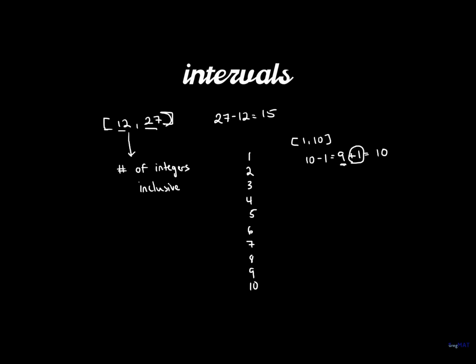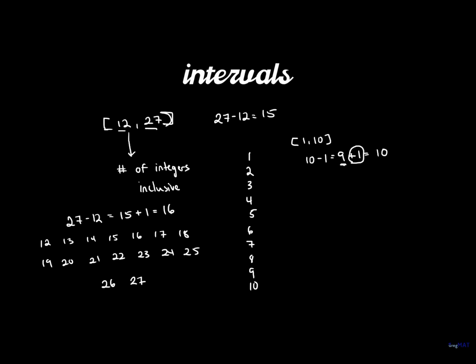All right. So here it would be 27 minus 12, which is going to be 15, right? And then don't forget to add the 1, 15 plus 1. That's going to equal 16. Now, if we ever doubt this, we can always confirm it. So we have 12, 13, 14, 15, 16, 17, 18, 19, 20, 21, 22, 23, 24, 25, 26, and 27.